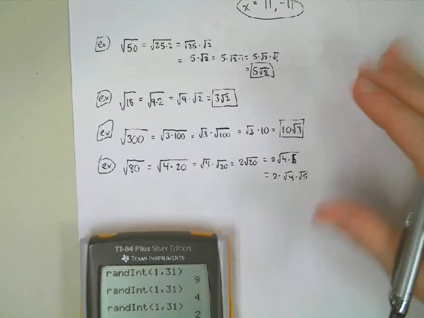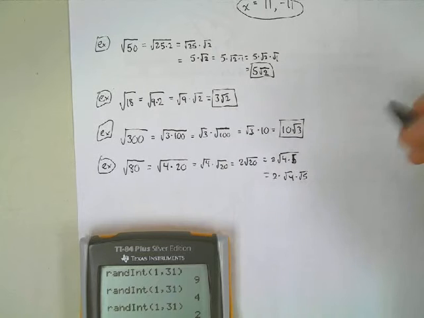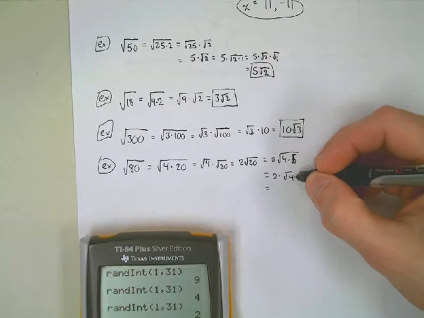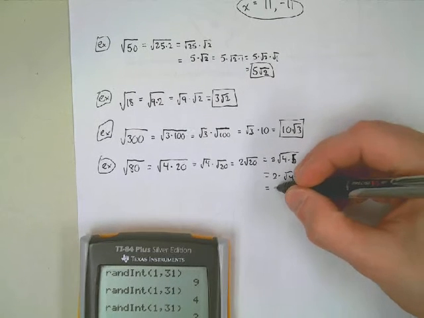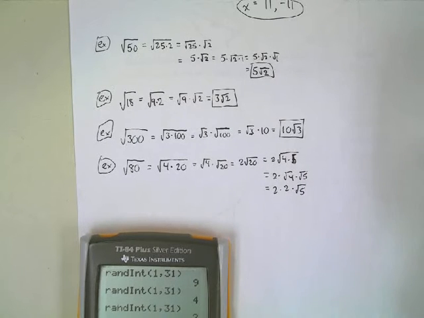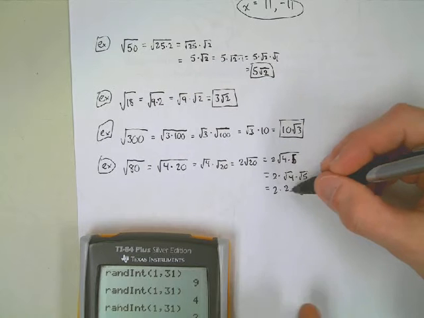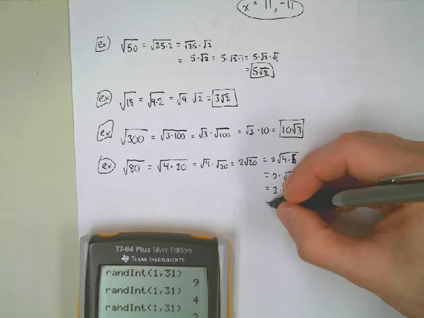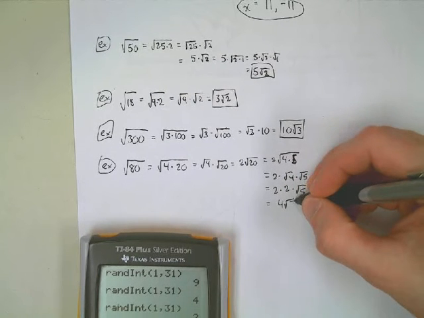And what's the square root of 4? It's 2, so it's 2 times 2 times the square root of 5. Since we have these two whole numbers, 2 times 2, we can multiply them together, so it's 4 times the square root of 5. And that's our final answer.